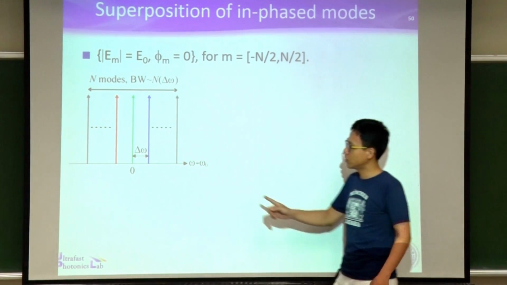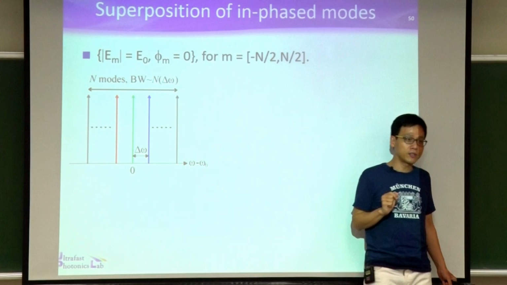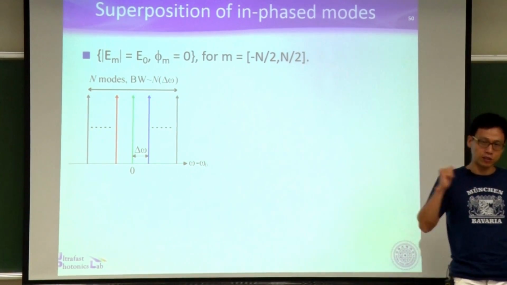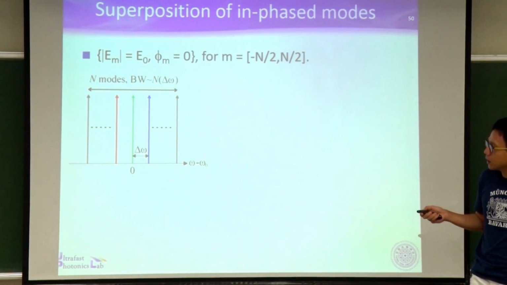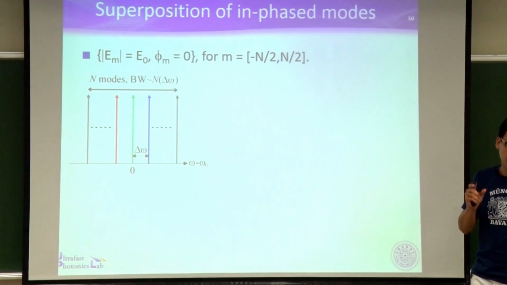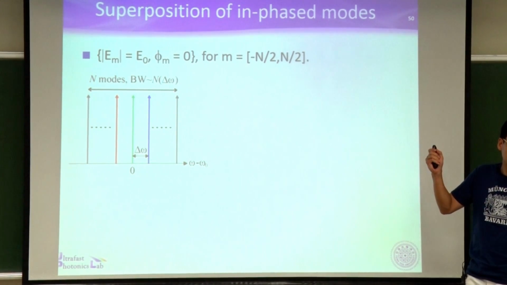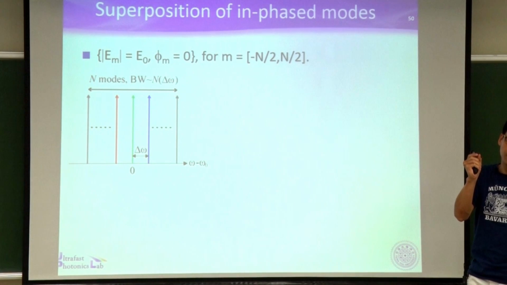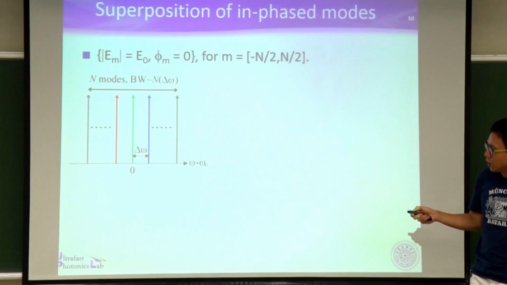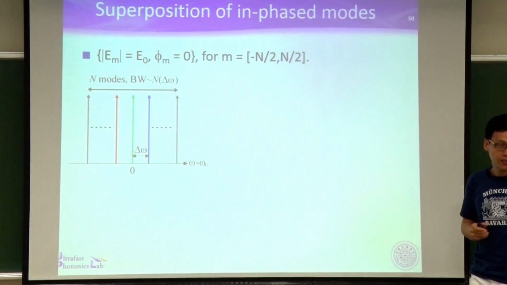Remember, each delta function here represents a sinusoidal function in the time domain. But depending on the position of the delta, the oscillation periods are different. Like to the right-hand side, you have higher frequency, you have shorter period, right? A delta function to the left-hand side corresponds to a sinusoidal function of greater period.